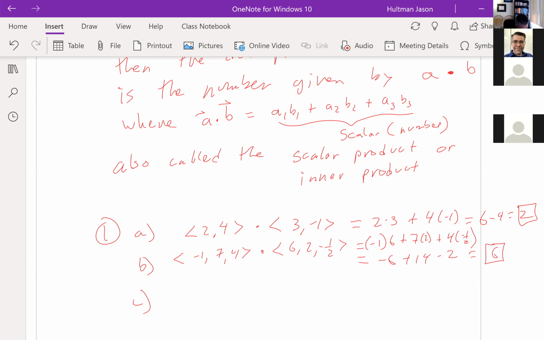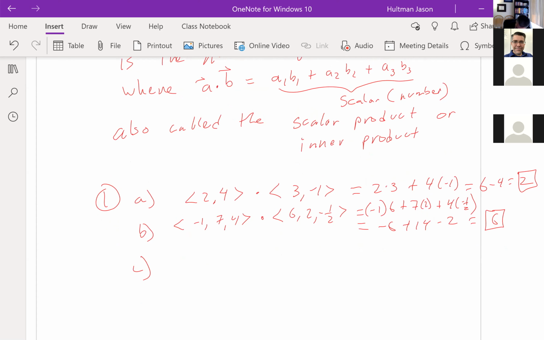Okay, letter C. Let's say that we have it in standard basis form, i plus 2j minus 3k dotted with 2j minus k.